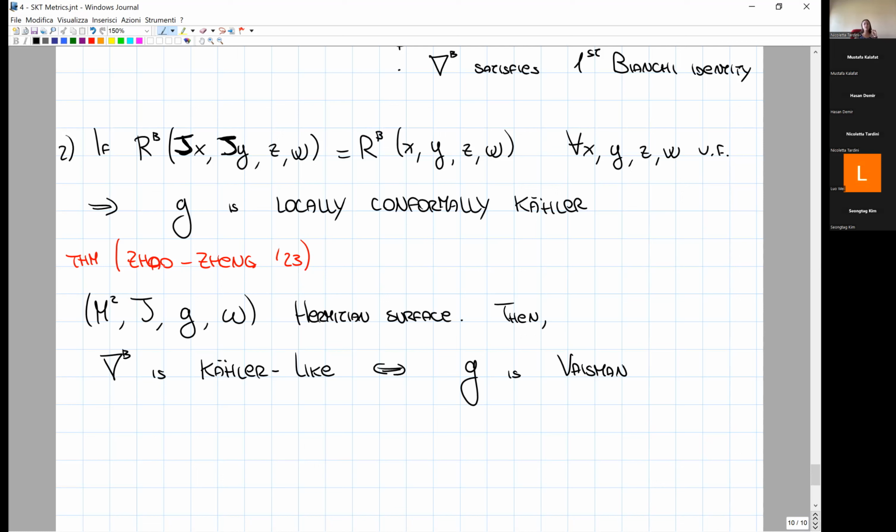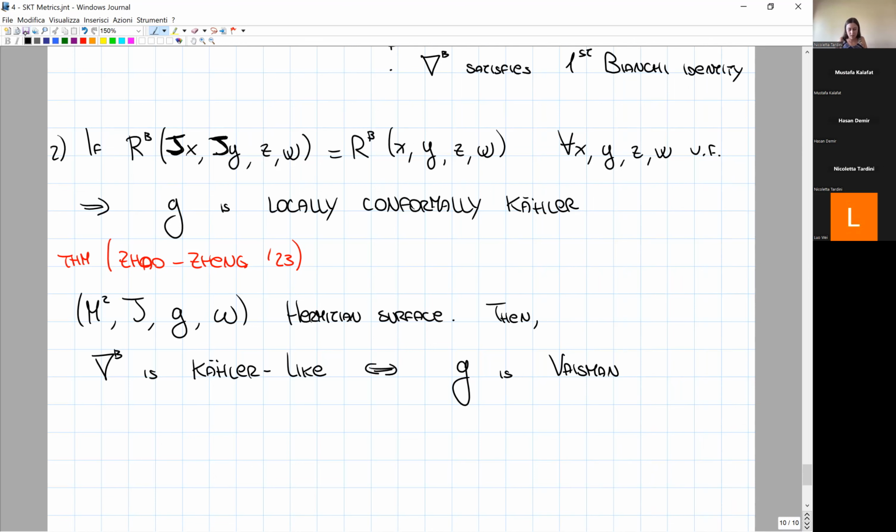Okay, so on Hermitian surfaces, Bismut Kähler-like metrics coincide exactly with Vaisman metrics. So somehow this Bismut Kähler-like condition in dimension 2 reduces to having just Vaisman metrics. It's not a new definition of a new class of metrics for surfaces.